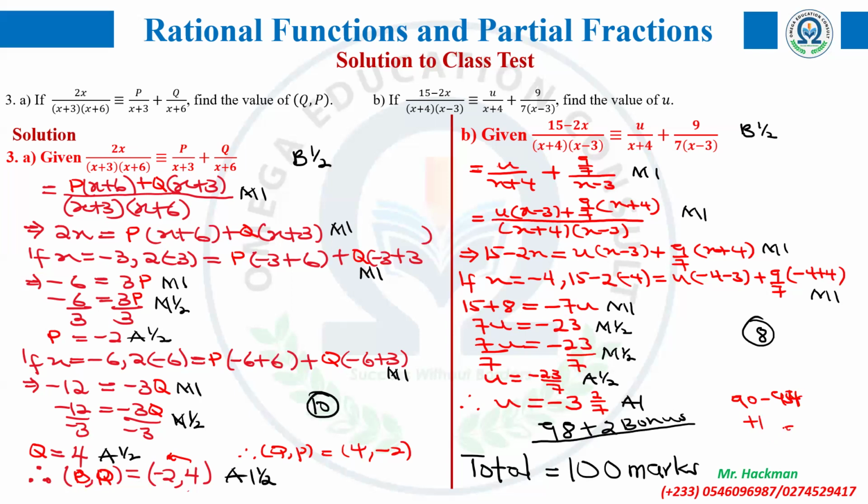You don't round it. However, if you scored 95 up to 98, you get your plus 2, making it a total of 100 marks. So I guess my point is well made.